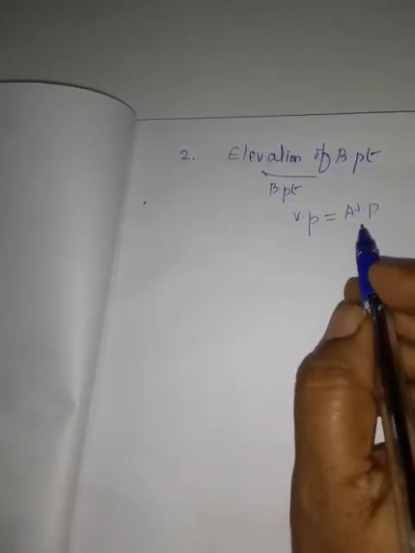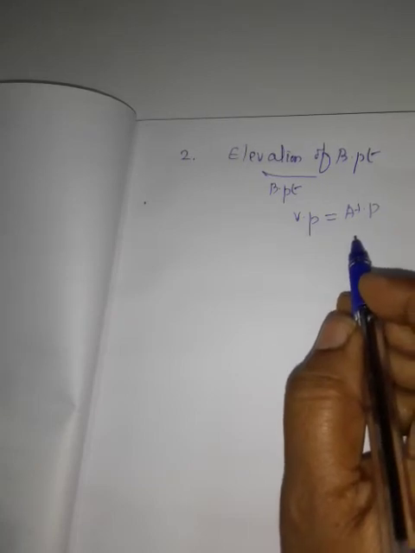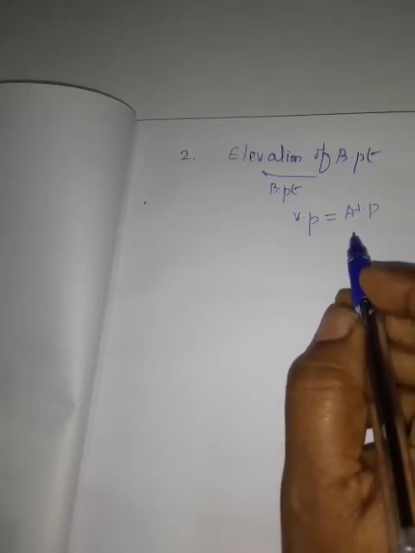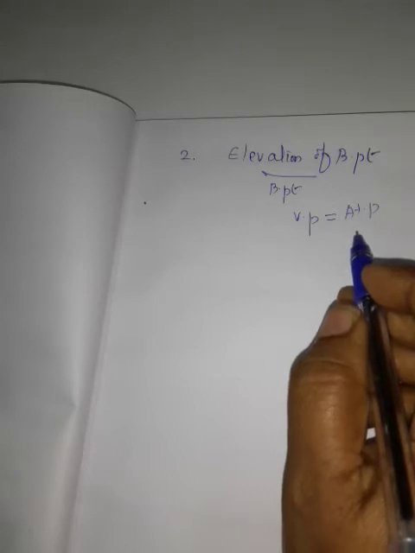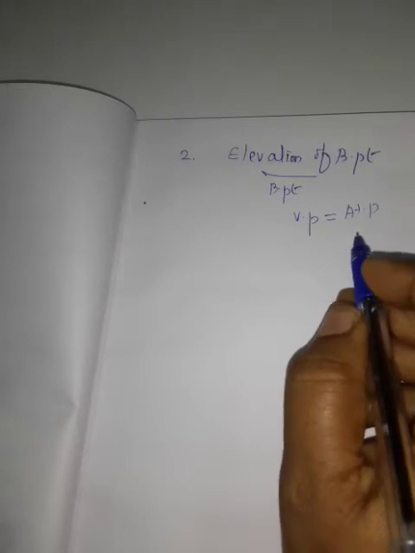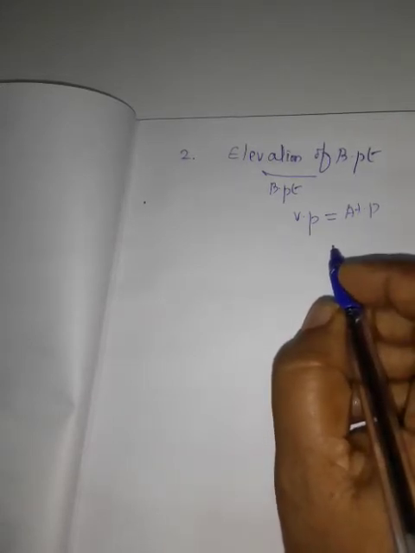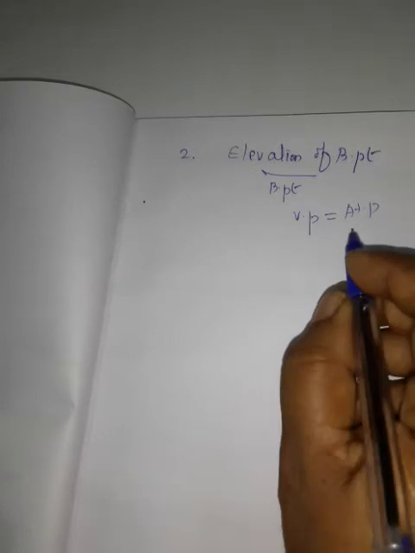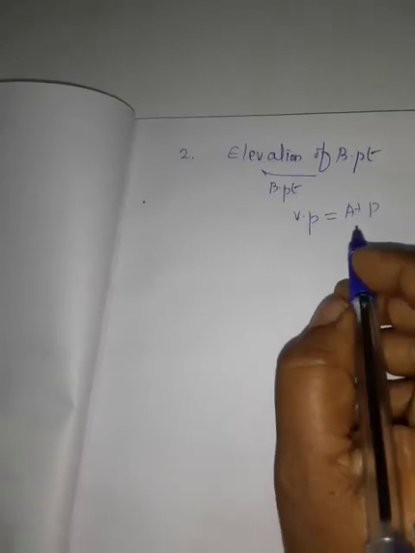When a non-volatile solute, non-volatile means cannot easily evaporate, is added to a pure solvent at its boiling point, the vapor pressure of the solution is lowered below 1 atmospheric pressure. To bring the vapor pressure again to 1 atmospheric pressure, the temperature of the solution has to be increased.